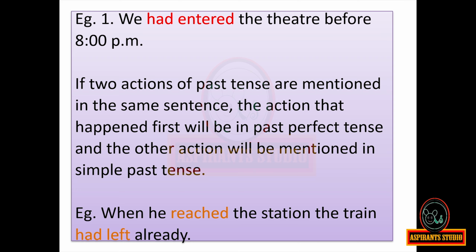Example, when he reached the station, the train had left already. Here, the action that he reached the station is mentioned in past tense. The train left before he reached. So, the action that happened before the past action is mentioned in past perfect tense.